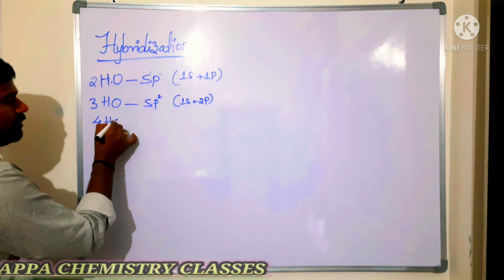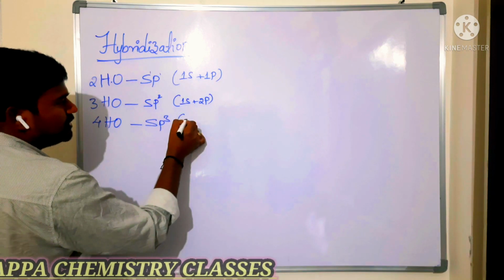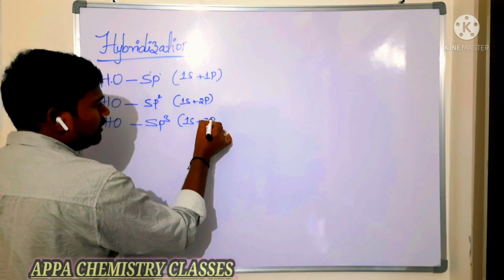If there are four hybrid orbitals, it is sp3 hybridization, that is, one s orbital and three p orbitals are involved.